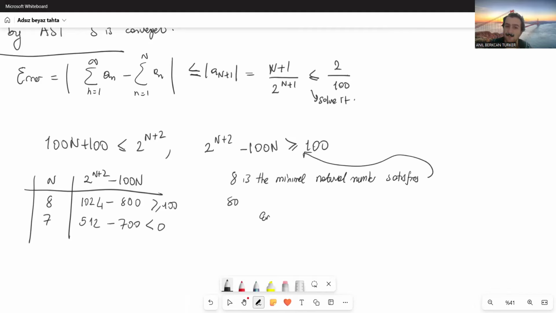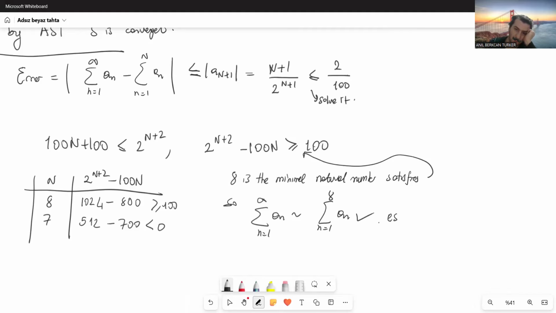So this whole series, the sum from n equals 1 to 8 is enough.